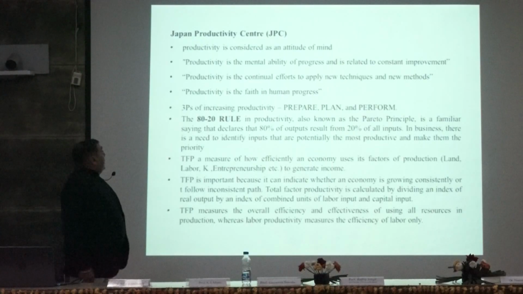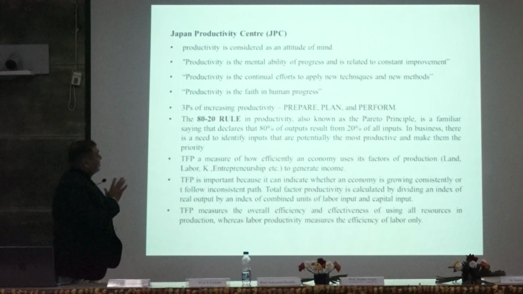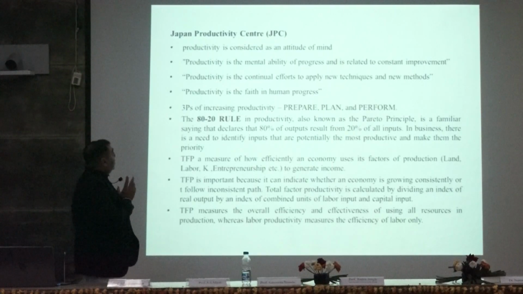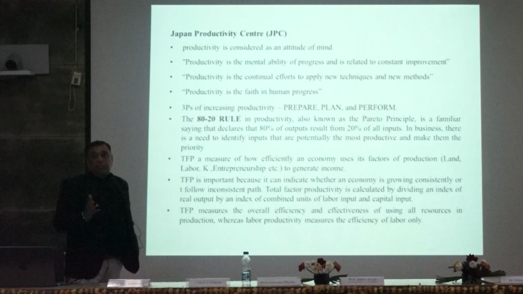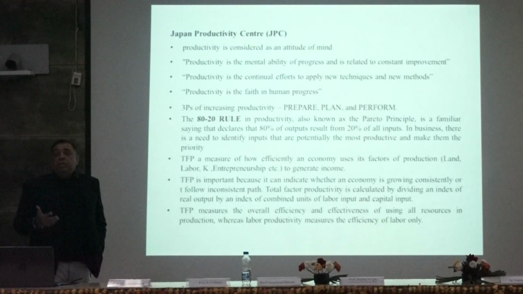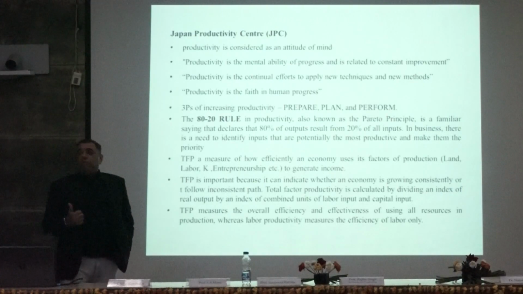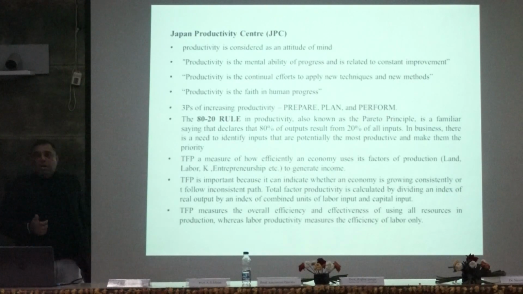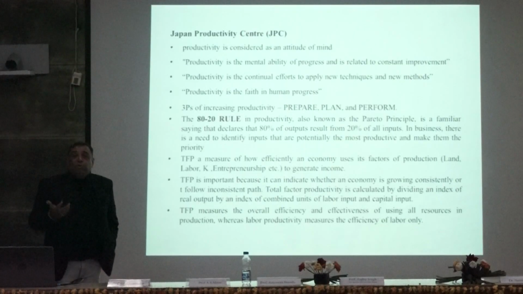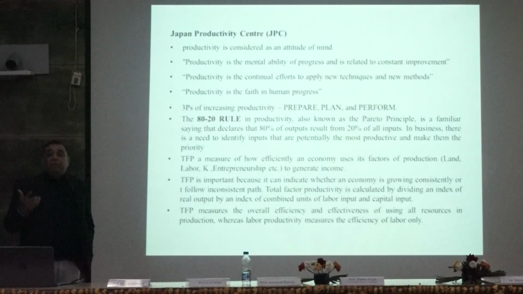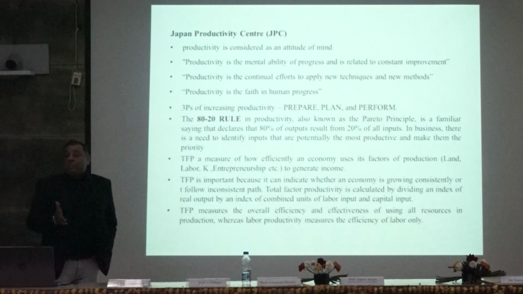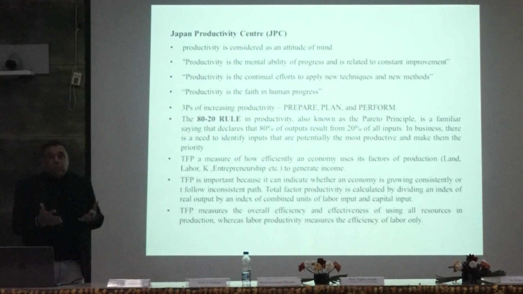Okay. Then I am just highlighting one concept, that is the Japan Productivity Center concept on productivity, how the developed economy, because India is still developing, and we need to focus on many parameters. In Japan, one philosophy is there, that is the Kaizen philosophy, and this philosophy is focused on continuous improvement.